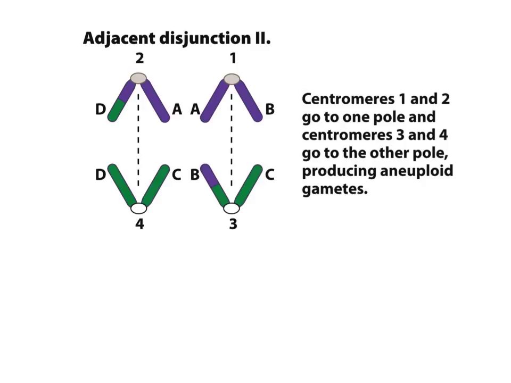Do we have problems here or not? Have we solved our problem? So the gametes that form from the top of the screen, what do they have? Do they have a full complement of all of the genes? Somebody says yes, somebody says no. What do they have? They have 2 A's and no C's. The ones on the bottom have 2 C's and no A's.